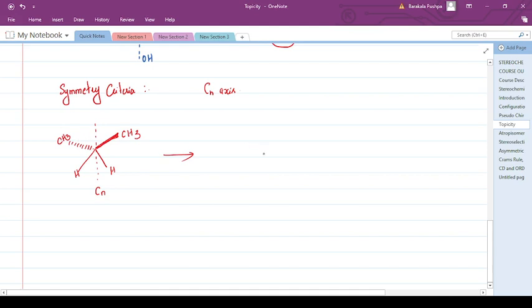So here you get CH3. Let me draw a different color of CH3 here. Now the blue CH3 is coming above the plane of the paper, whereas this hydrogen remains the same, and the black CH3 goes behind the plane of the paper.